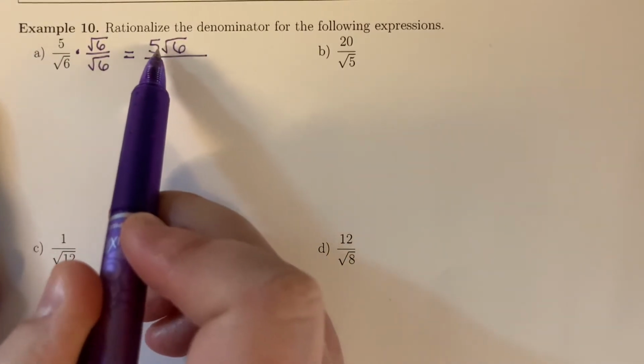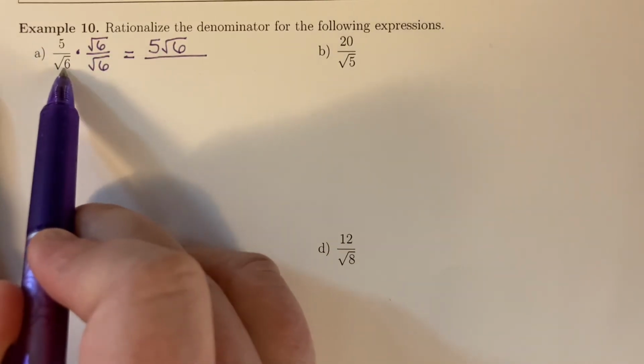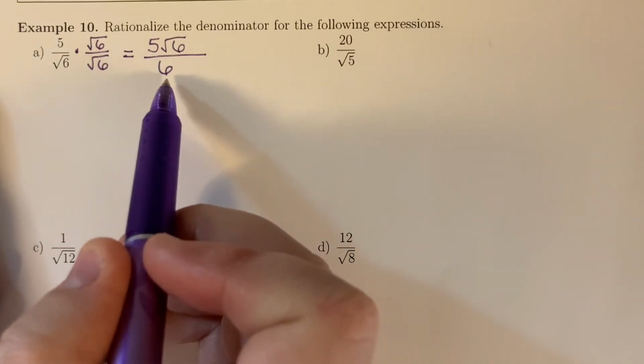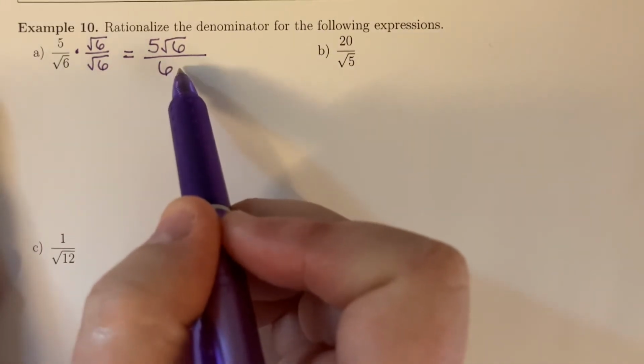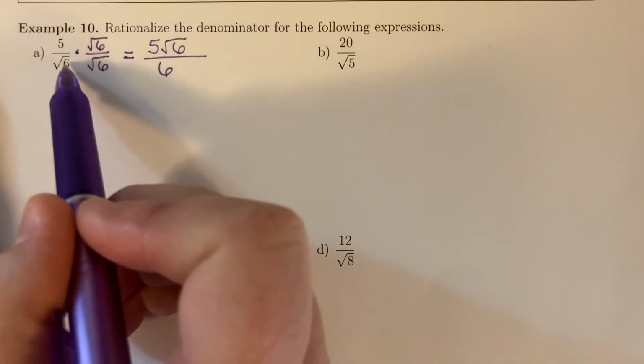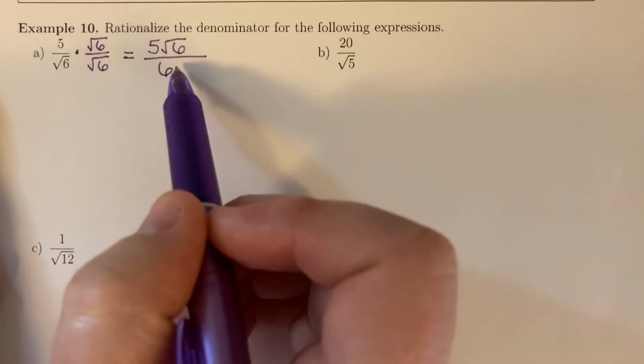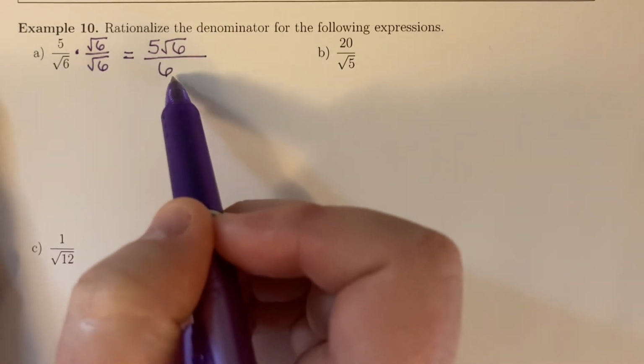They're multiplied. But in the bottom, square root of 6 times square root of 6 is just 6. Multiplying a square root by itself undoes the square root. And so this is considered simplified. Even though 5 over square root of 6 didn't look so scary, this is now the more simplified version because it doesn't have a square root in the bottom.